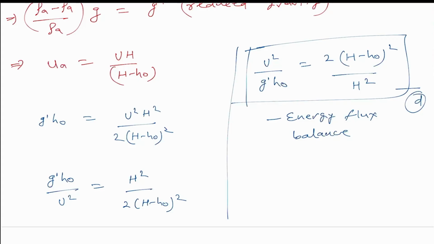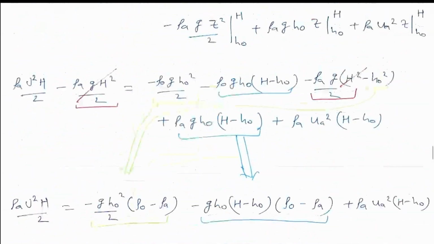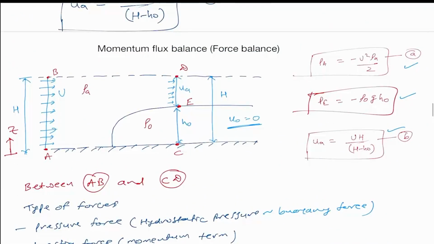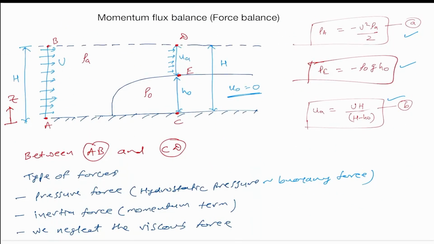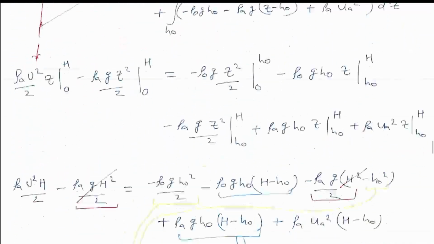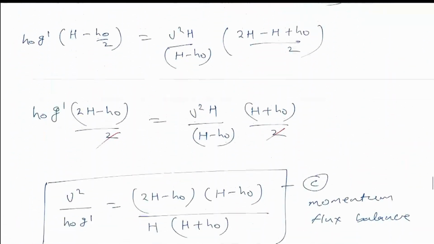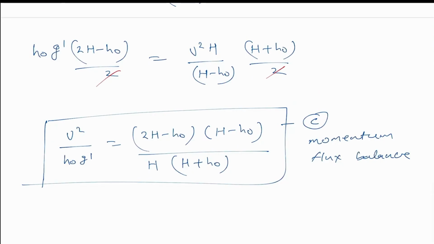Alright, so far we have derived mass flux balance, which let's quickly look into it. Equation B here gives mass flux balance that relates the disturbed velocity with the undisturbed velocity. And then we did momentum flux balance by balancing forces, and that gives us equation number C, where we have U square over H naught g prime as a function of capital H and H naught.